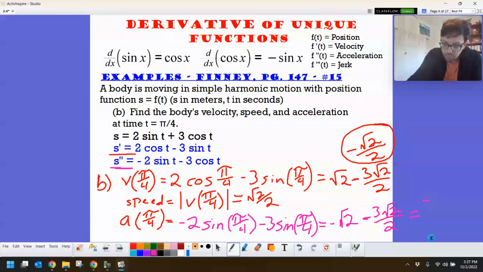So this equals negative, let's see, 2 and 3. So negative square root of 5 over 2 over 2 would be our acceleration at pi over 4. So it's going faster in that negative direction. That negative direction is getting more negative.